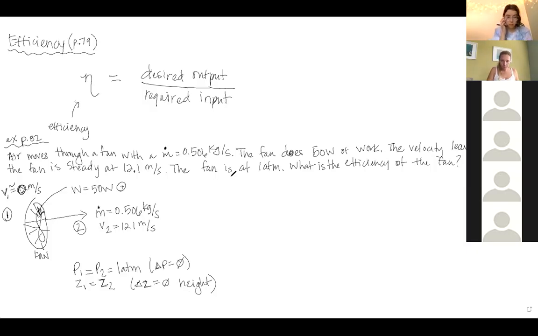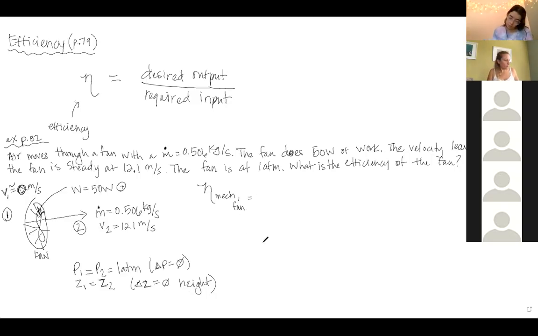All right. So we're asked to find the efficiency, which we know is going to be mechanical efficiency, and it's going to be mechanical efficiency of a fan, or something similar to a shaft type system, right?